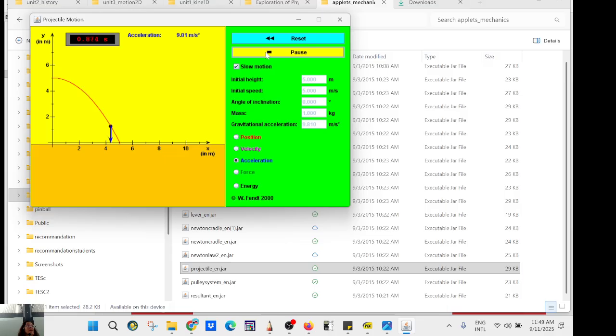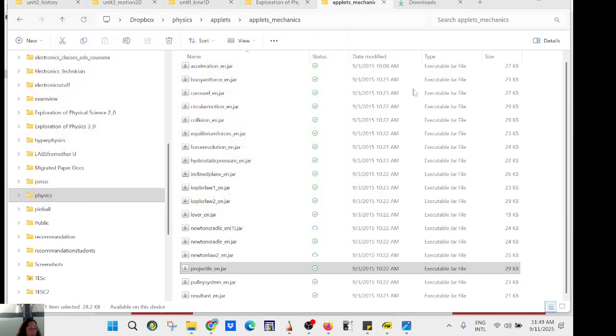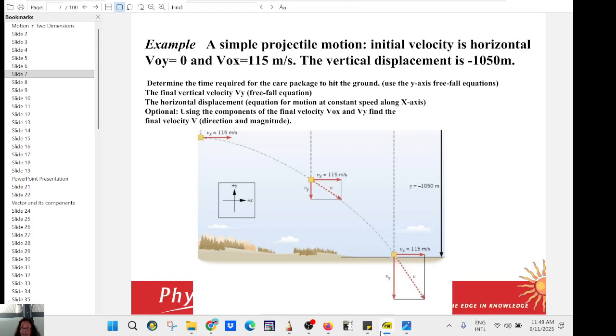It does not have any impact on the x-axis, right? Position is just the position. Okay, that's projectile motion. That's the idea.